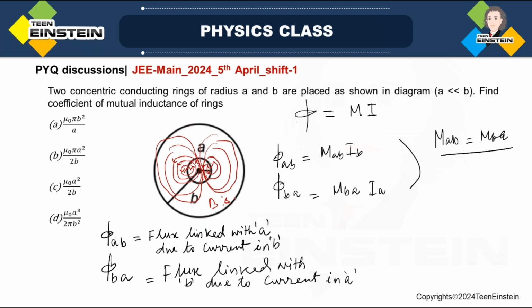B is not uniform in this case. If you draw the field lines properly, you can understand that.